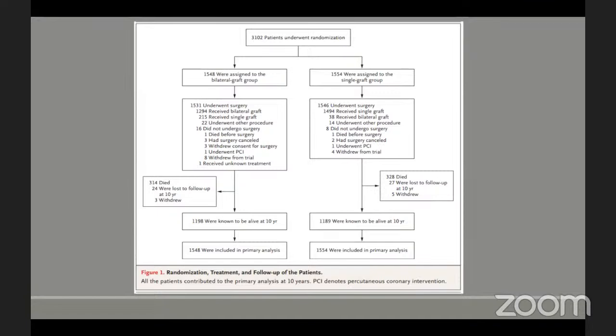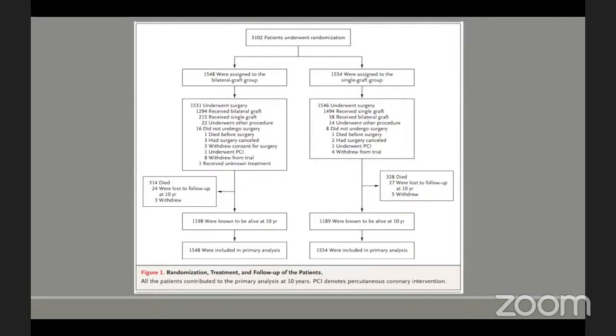The other group was 1,548 assigned to the bilateral graft group. Of those, 1,531 underwent surgery, 1,294 received bilateral graft, 215 received single graft, 22 underwent other procedures. 16 did not undergo surgery: 1 died before the surgery, 3 had surgery canceled, 3 withdrew consent for surgery, 1 underwent PCI, 8 withdrew from trial. 1 received unknown treatment.